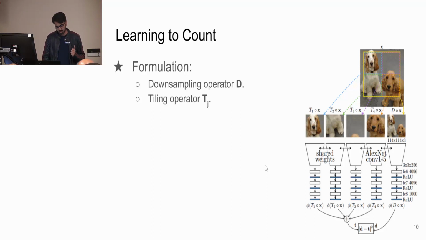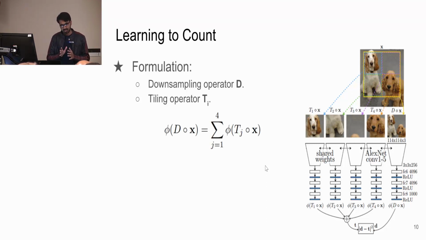The tiling operator divides the image into 4 equal tiles. Now they have 5 different images, and the sum of the features in the tiles should be equal to the features in, sorry, the downsampled image. So this constraint should be satisfied.